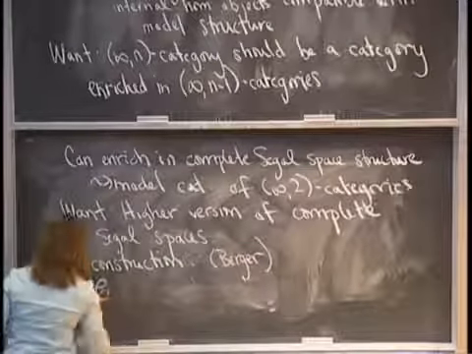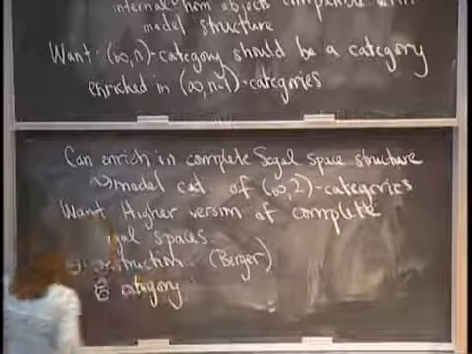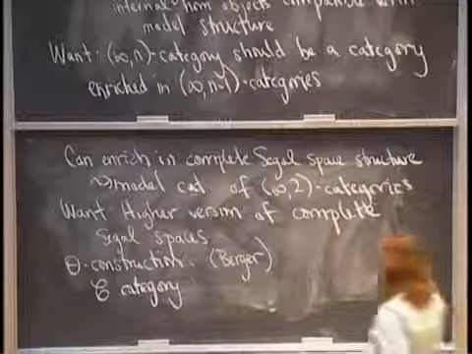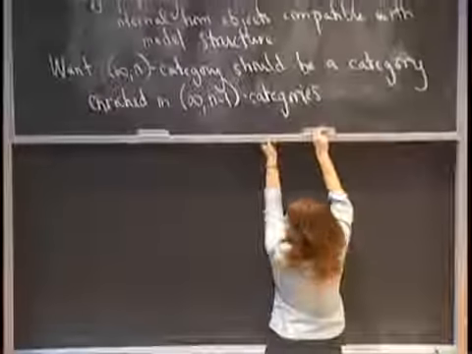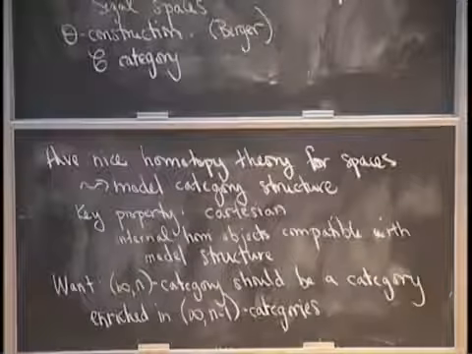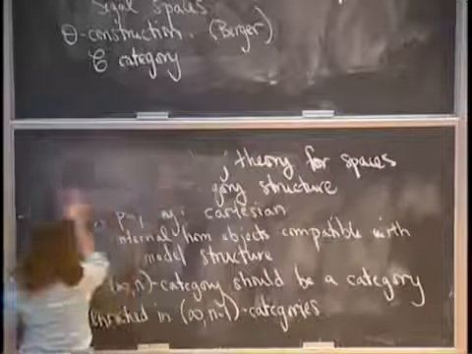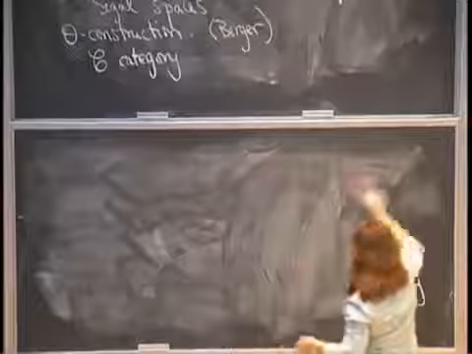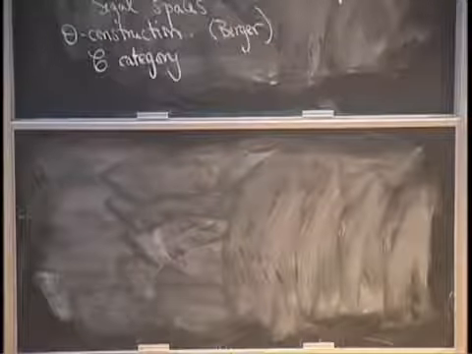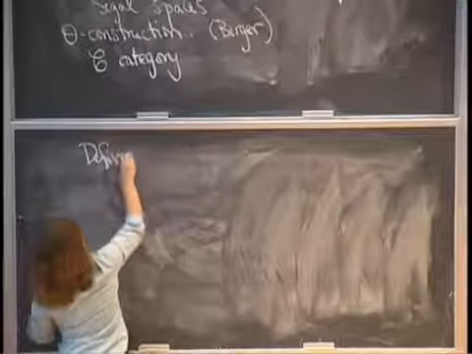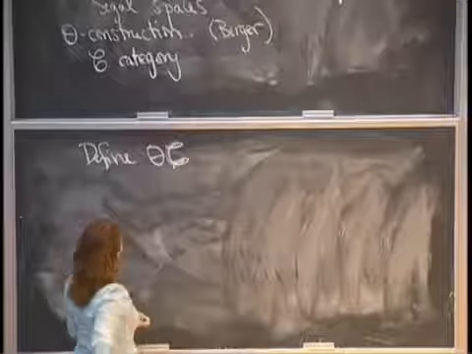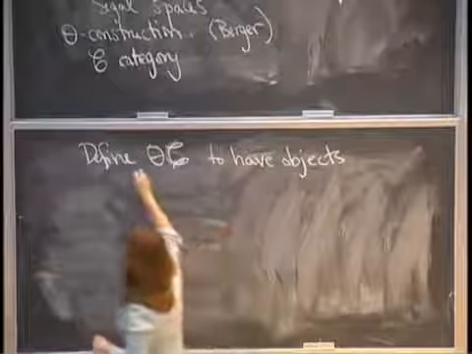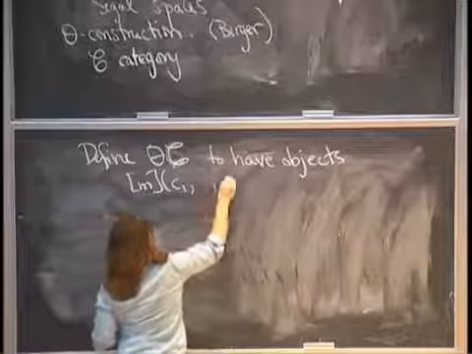So we're going to start with a category, C, and we're going to define another category called theta C. Okay, so I guess that's a script C. So define theta C. This is going to have objects that look like, say, m, C1 up to Cm.